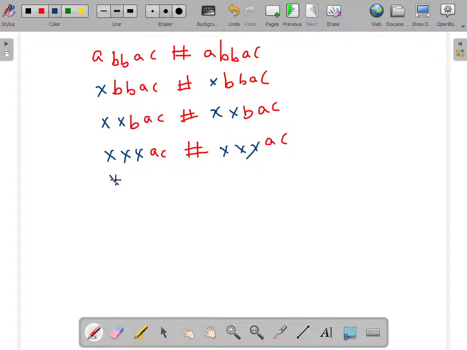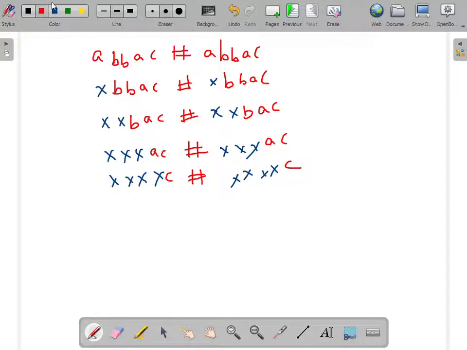Again in the next step, X X X, and this also will be X after examining, and the last one is C after the hash.